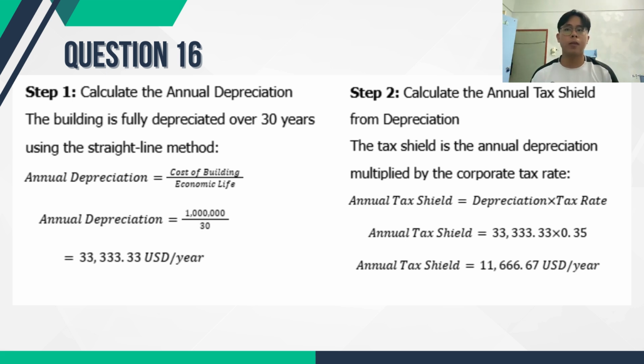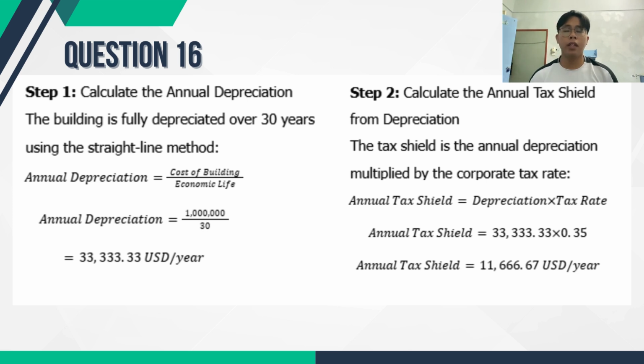Then the answer is, to calculate the minimum lease payment, the NPV of the lease payment must be equal to the cost of the building after accounting for the tax shield benefit from depreciation. So the first step is to calculate the annual depreciation. The building is fully depreciated over 30 years using the straight line method. The formula for annual depreciation is cost of the building divided by economic life.